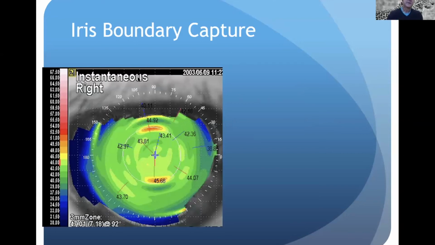Now, in this picture, it's an instantaneous map. So once again, it's going to pick up very subtle irregularities. And you've got these two rounds, one above the pupil and one below the pupil.